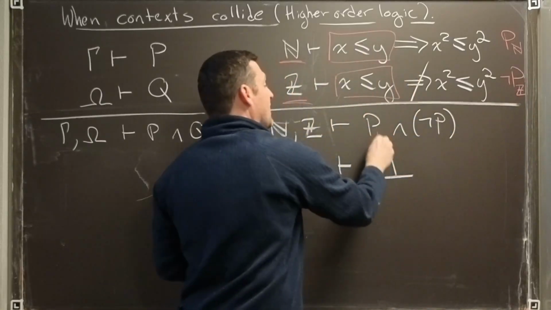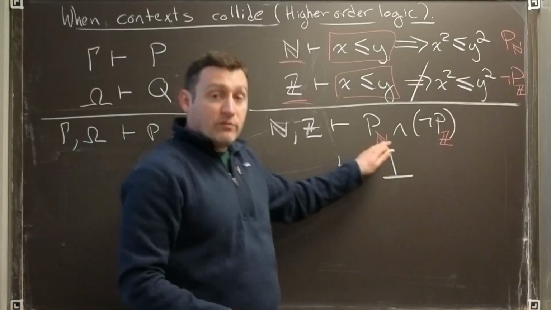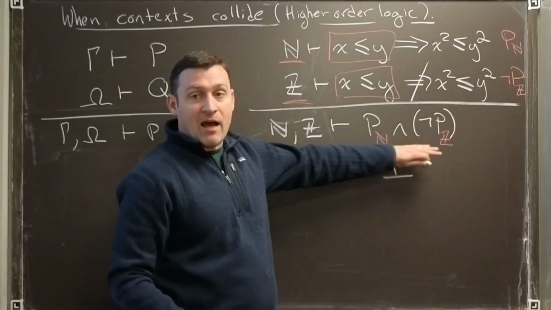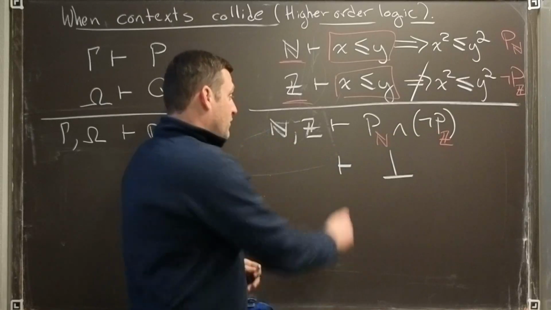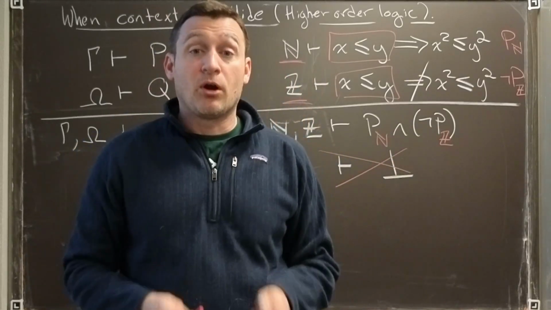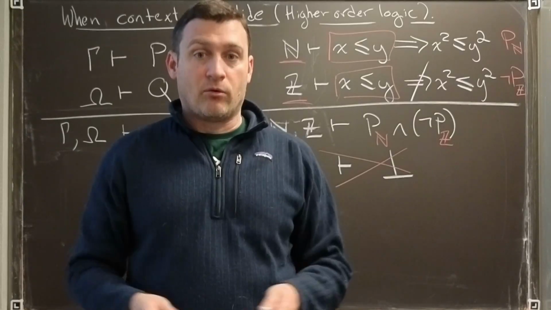When we bring these together, we realize that we don't have P and not P. We have one flavor of P and a different flavor. This means that we no longer have, strictly speaking, a P and its negation. We don't get to falsity. So how do we stop this inconsistency? We simply put guardrails on our variables. We increase the kind of logic we have by going to higher order logic.